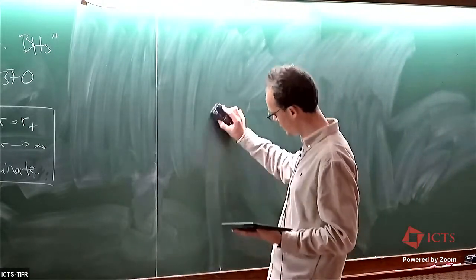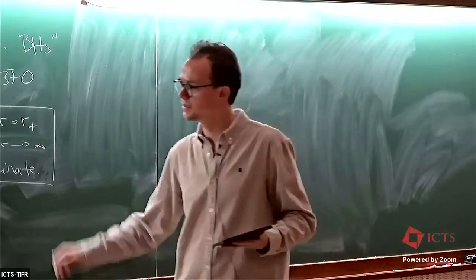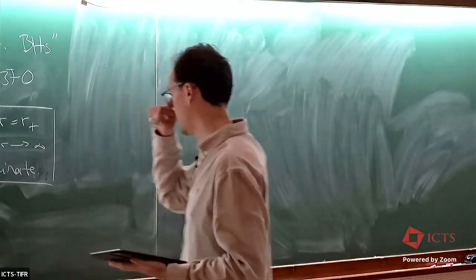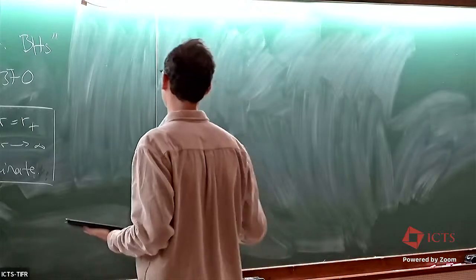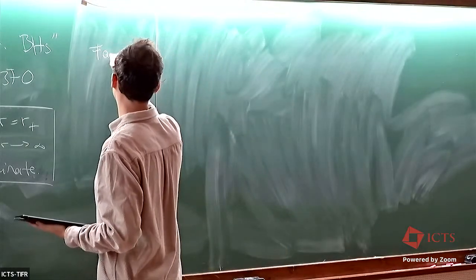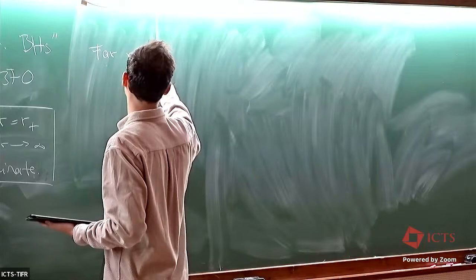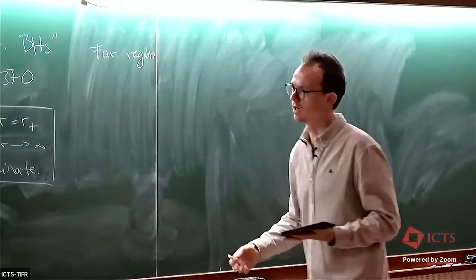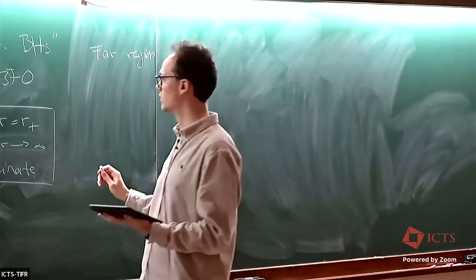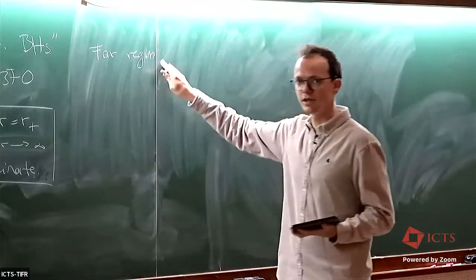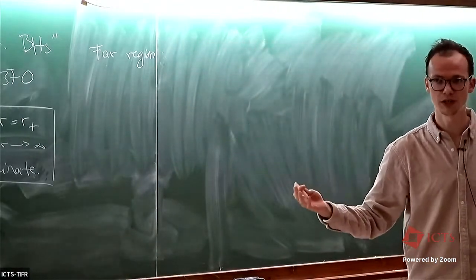So the idea is that we split the domain into two regions. One region we call the far region. And as the name suggests, this is far away from the black hole. And in the far region, we solve our equation.